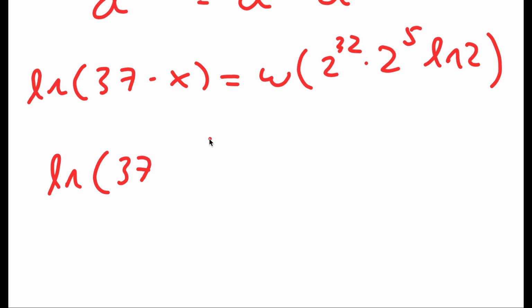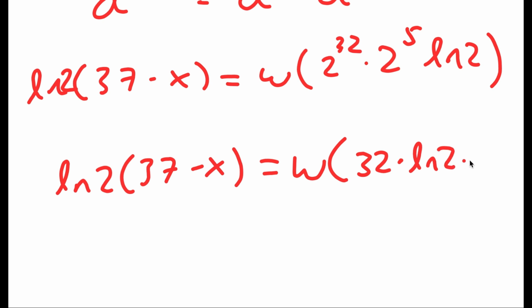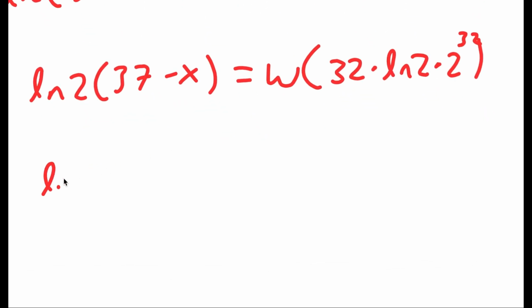Sorry, this should be ln of 2 times 37 minus x is equal to W of 32 times ln of 2 times 2 to the power of 32. And again, 2 is the same thing as e to the power of ln of 2.